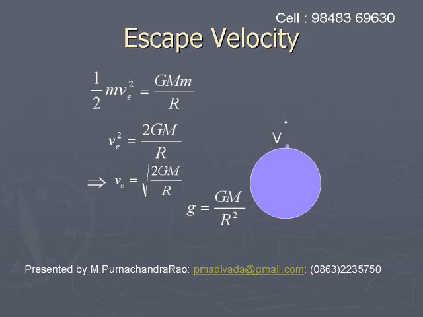Hence, by substituting, GM by R is equal to gR, we will get v is equal to square root of 2gR.